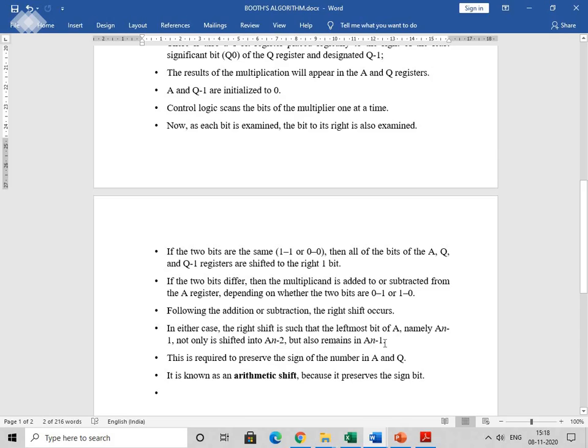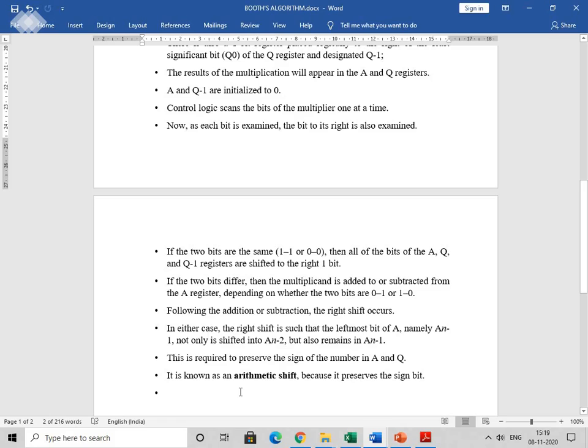Since we are shifting to the right, the A n minus 1 bit is not only shifted into A n minus 2, but it remains as it is in the A n minus 1 position. So this is required to preserve the sign of the number in A and Q. So it is also known as an arithmetic shift because it preserves the sign bit.